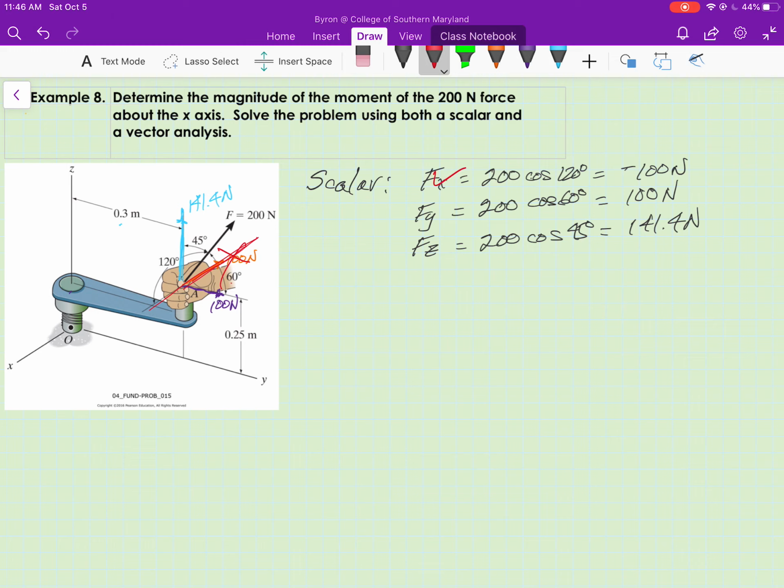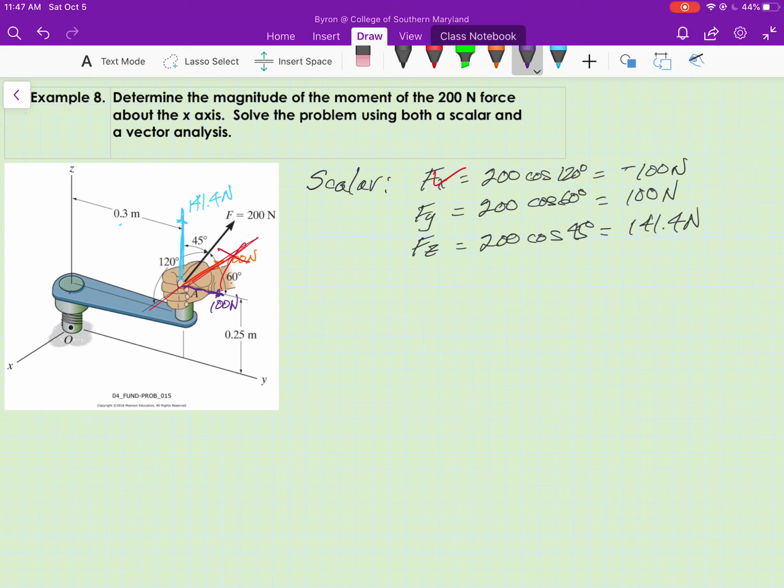F sub y is 100 newtons along the positive y-axis, and the moment of F sub y about the x-axis is going to be the perpendicular distance between F sub y and the x-axis.